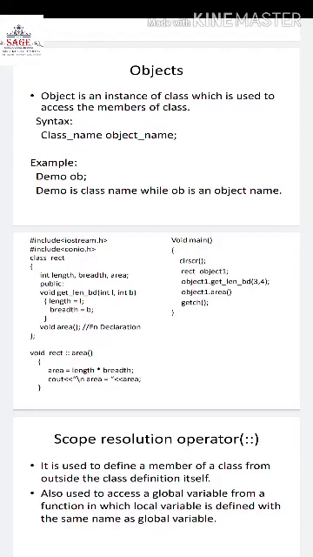And we have not specified any access specifier. So by default, whatever is declared inside any class will be private by default. That is, if we are not mentioning any access specifier, then it is by default private in nature. So here length, breadth and area are private.